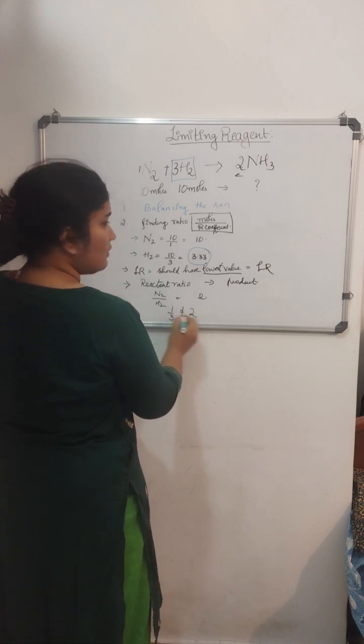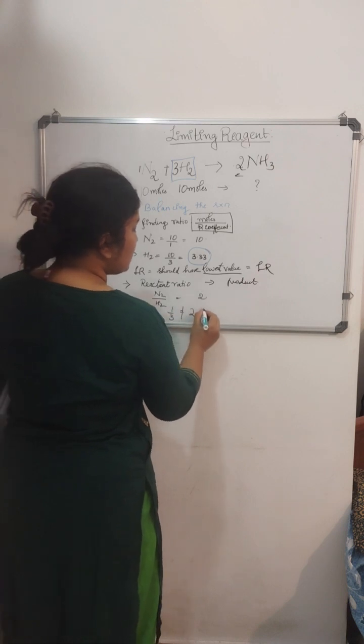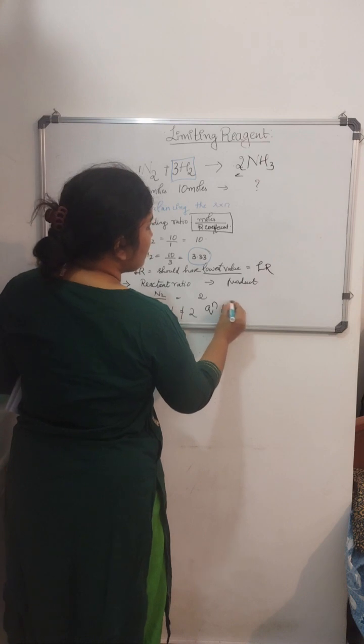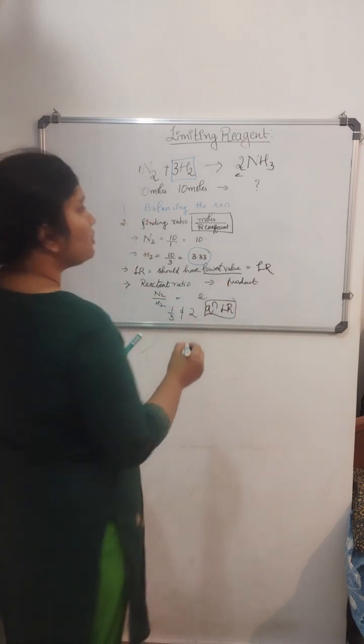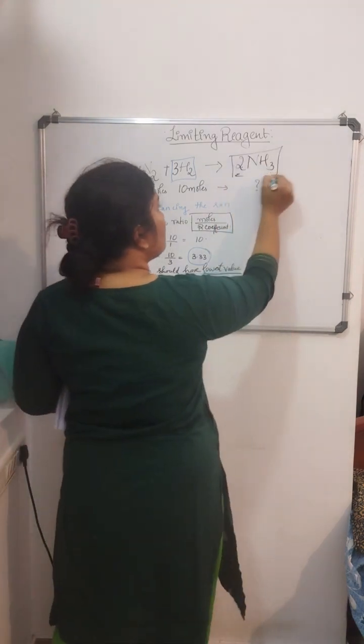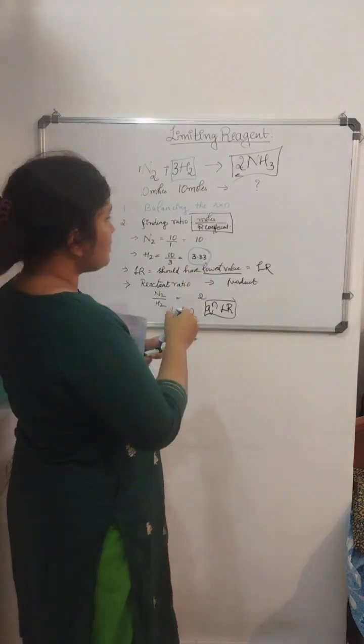So they are not equal to each other. If these values are not equal, then the question falls in the category of limiting reagent. So this is what we have to find when questions ask to find the amount of the product formed.